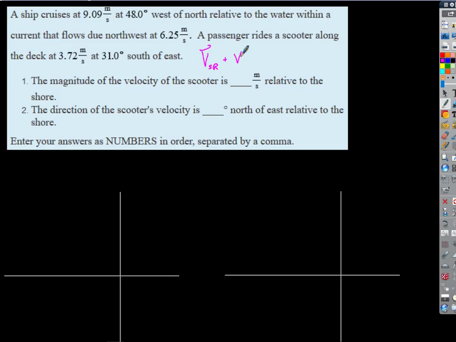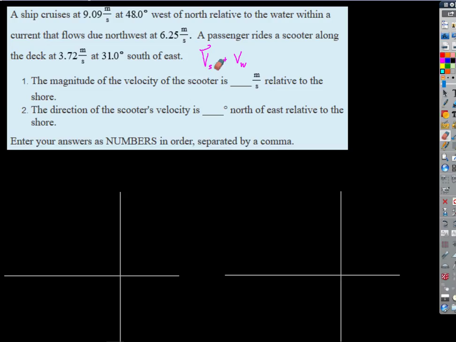The shore. The shore or the earth, right? One or the other. Because I've already used the subscript S, I'm going to use E. So that's the velocity of the water, oh, I should have been, why did I put an R there? It should have been a W, shouldn't it? All right.